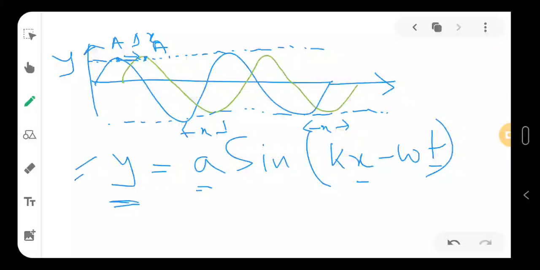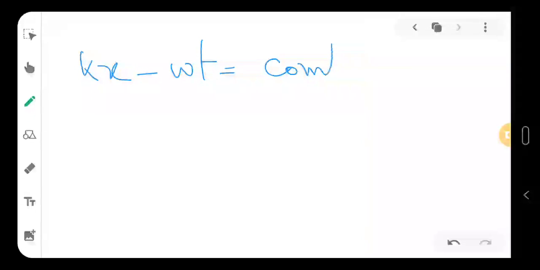So we can write that kx − ωt is equal to some constant. x will change, t will change, but they will change in such a manner that the total term will be constant. Now I want to know dx/dt. So what will I do? I will differentiate both sides.